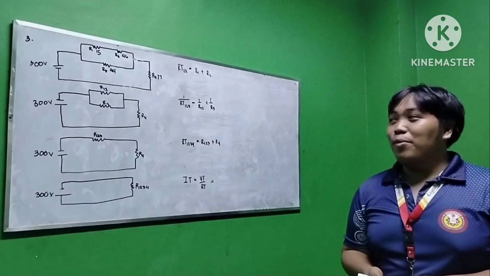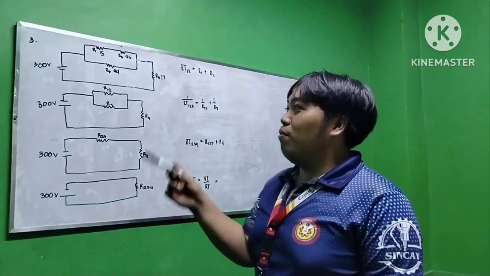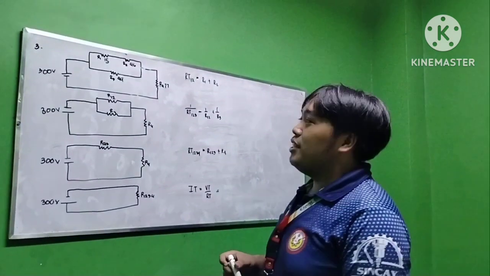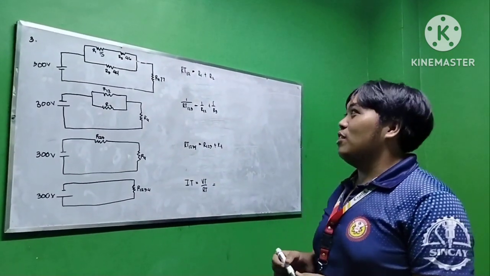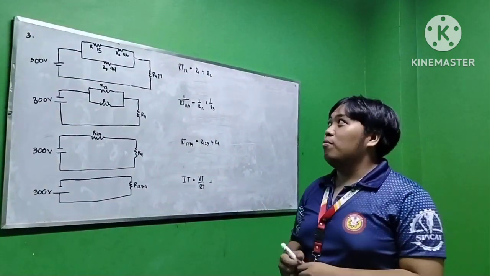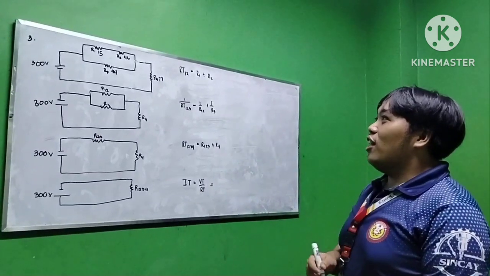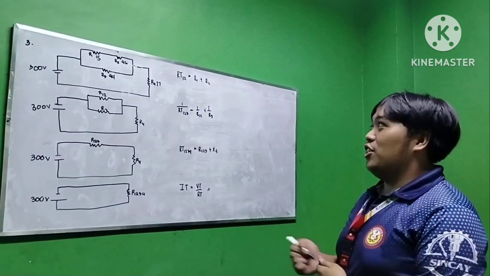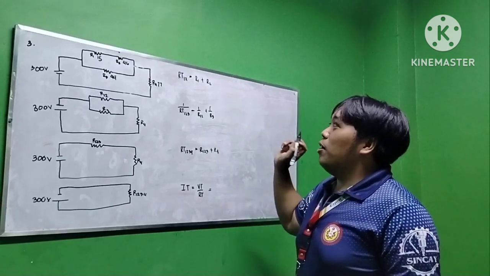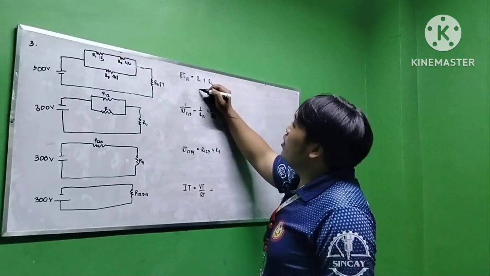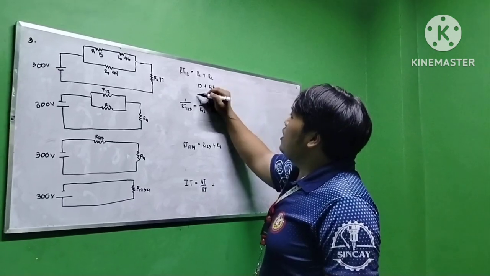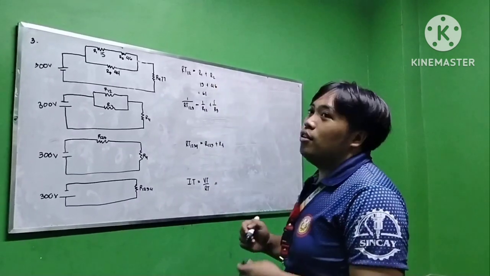For our problem number 3, we have here a given of 300 volts, R1 of 15 ohms, R2 of 46 ohms, R3 of 49 ohms, and R4 of 11 ohms. To get the total of R1 and 2, we have to use the series circuit formula, which is R1 plus R2. R1 here is 15 plus 46, which equals 61.